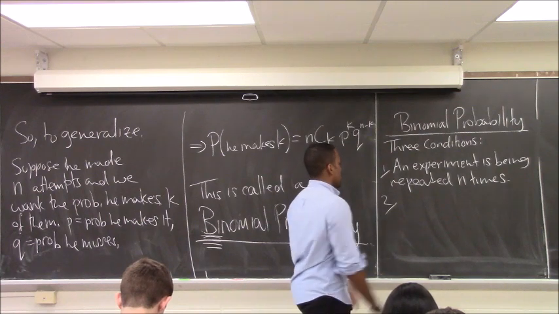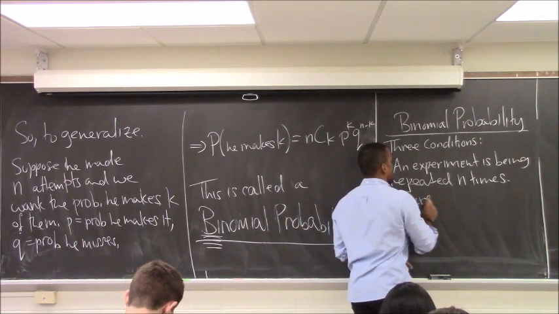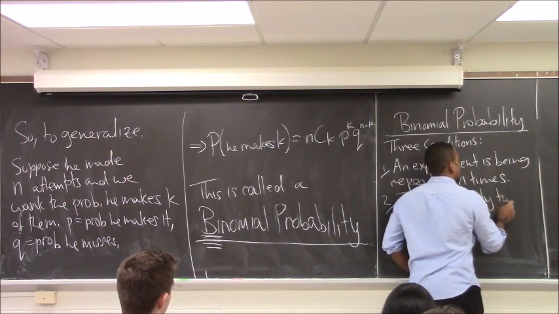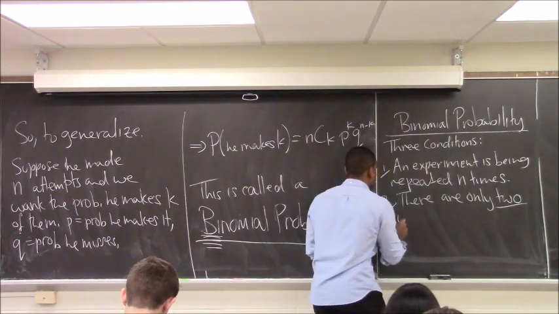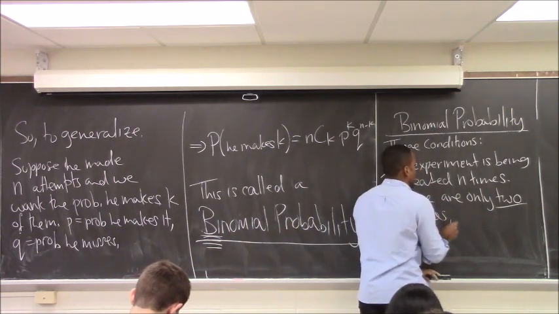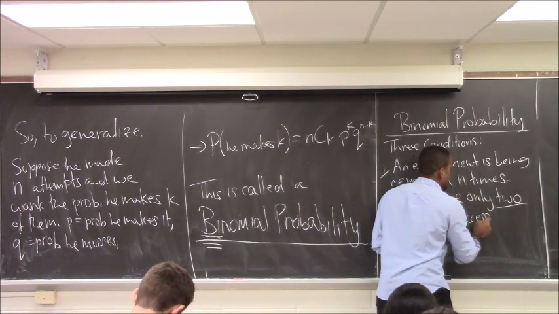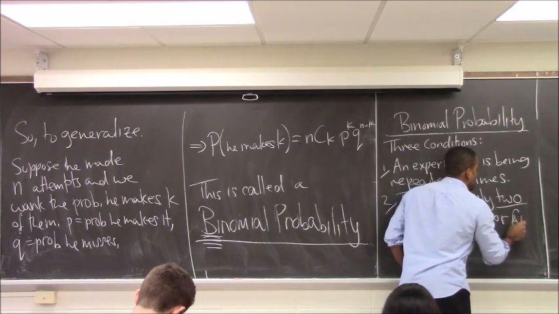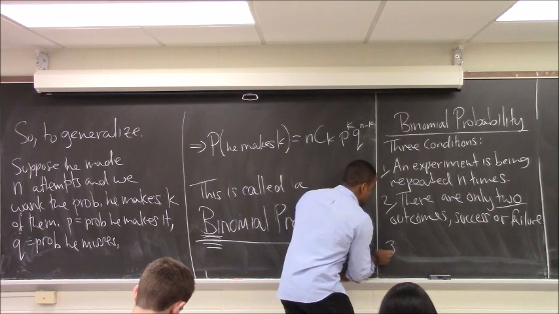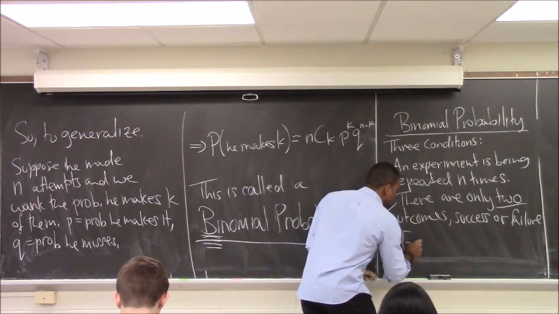You're doing the same thing n times. Two, there are only 2 possible outcomes. That's why it's called binomial. Success or failure. 3, each outcome is independent.